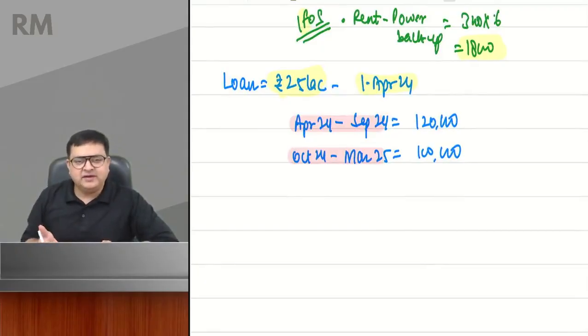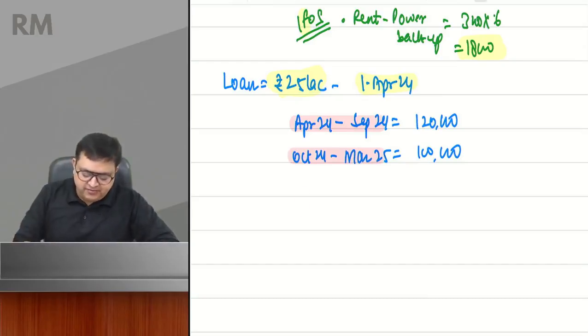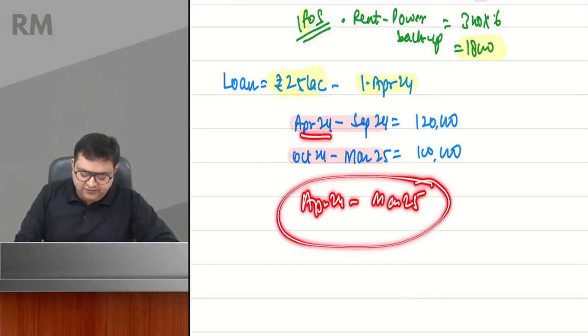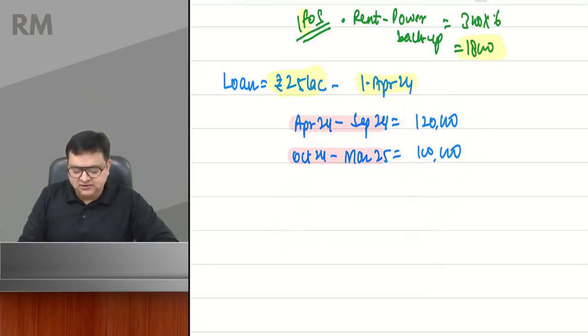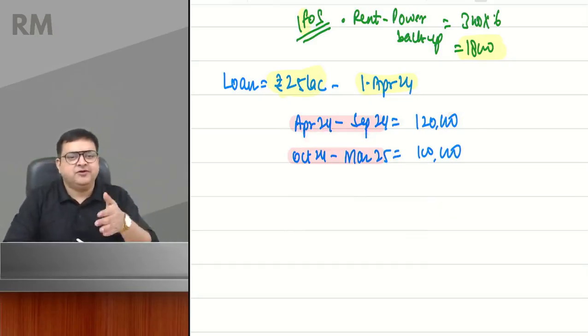I'll simply say, examiner, why are you confusing me? We need interest from April 24 to March 25, for this year. So can I say that the total interest is 220? Unnecessarily, they are confusing us. For first 6 months they have given, next 6 months they have given.